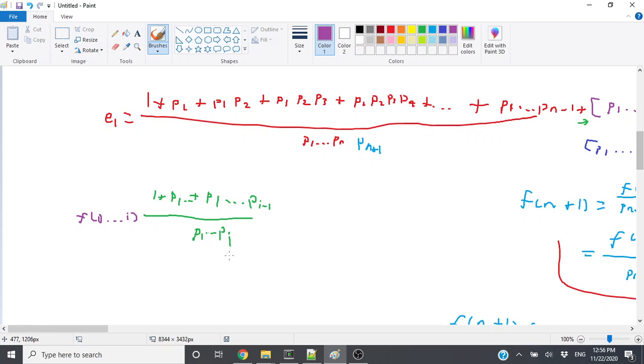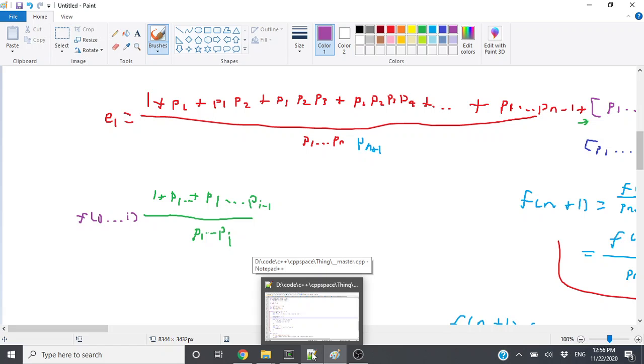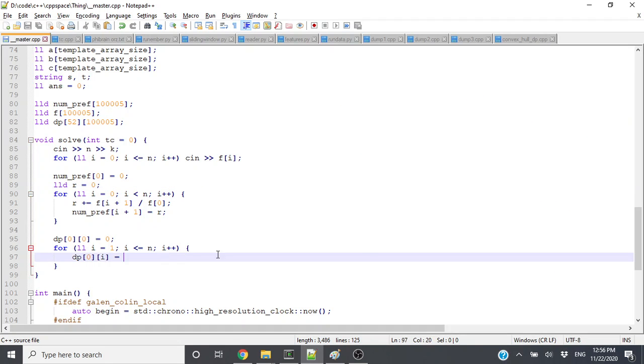The second one's going to be 1 plus p1 over p2, over p1 p2. So 1 plus num_pref i minus 1. Is that how that works? Over, then it would be f of i plus 1 over f of 0.